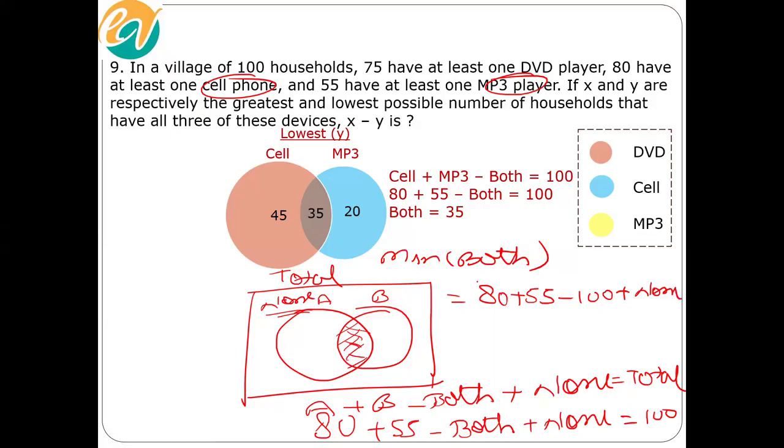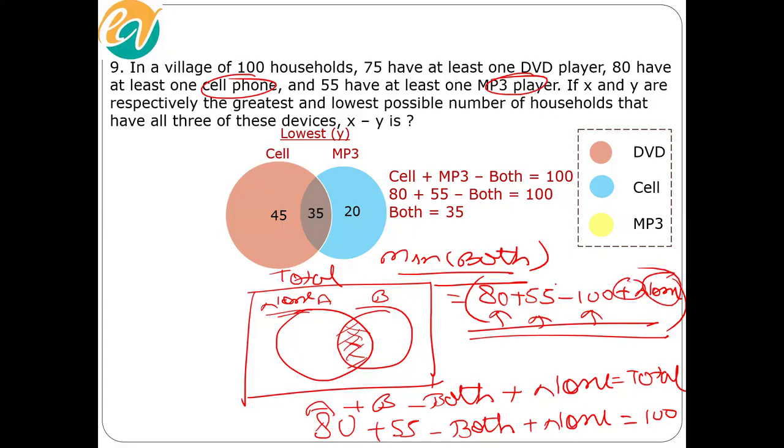So notice the intent is to minimize this value. Can we do anything about this? No, it's a constant. Can we do anything about this? No, constant. This is also constant. So to minimize the value of this, what should the value of none be? 0, because we don't want to add anything. That's the only thing we can do.